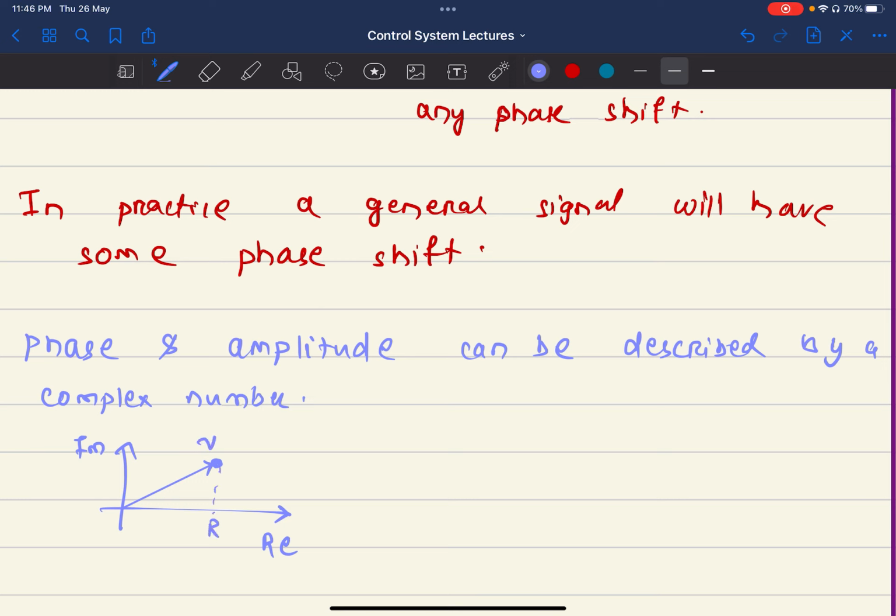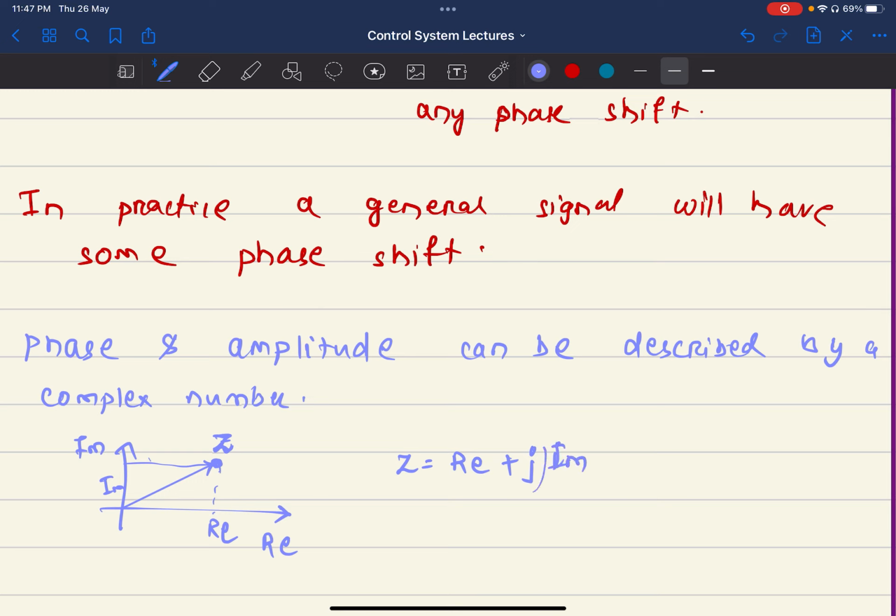We'll take another symbol, maybe z. Okay, z, that's the classic nomenclature for complex numbers. So real and this is imaginary. So z is a combination of the real part plus j into the imaginary part.